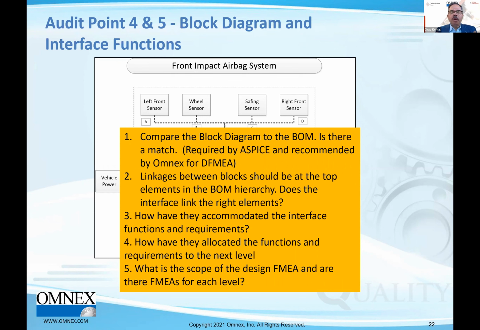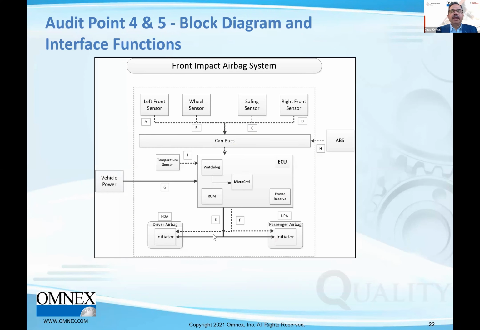What is the scope of the design FMEA? And are there FMEAs for each level? So looking at this here, front impact airbag, you need one for the airbag itself. You need one for each of these. The ECU needs a DFMEA. This is part of maybe an overall system, I don't know.